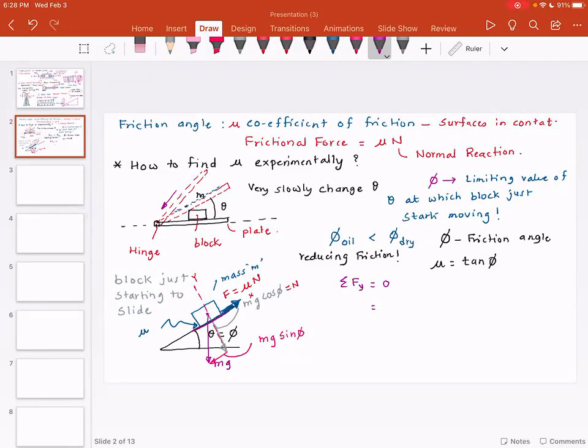So you have the normal reaction n going up. So plus n minus mg cosine phi equals 0. That tells me the magnitude of the normal reaction is mg cosine phi.